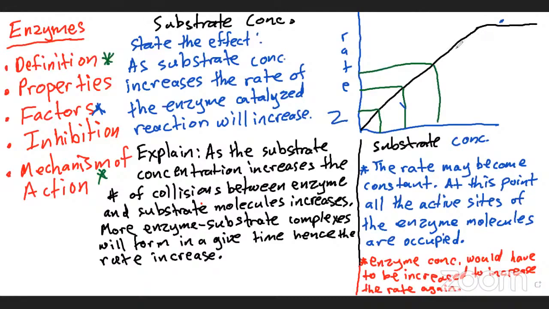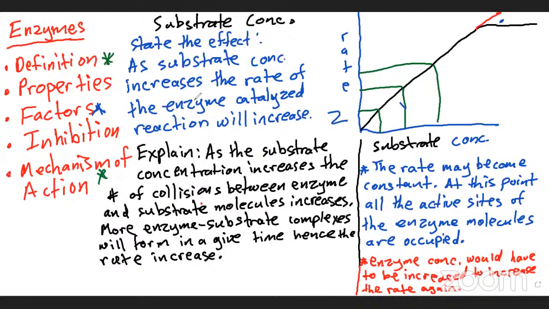If they ask you what adjustments you could make to increase the rate again, then here in red is the answer. You would have to increase the enzyme concentration. So once the rate gets constant, if you want to increase it again, you would increase the enzyme concentration.